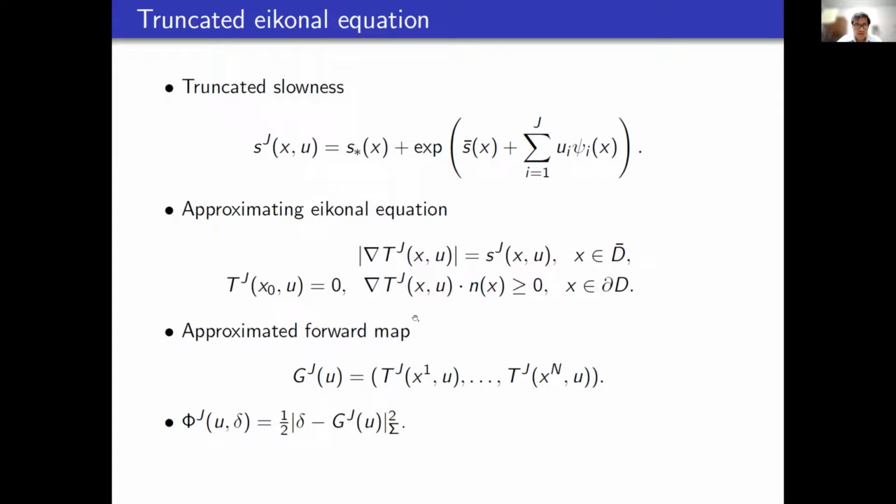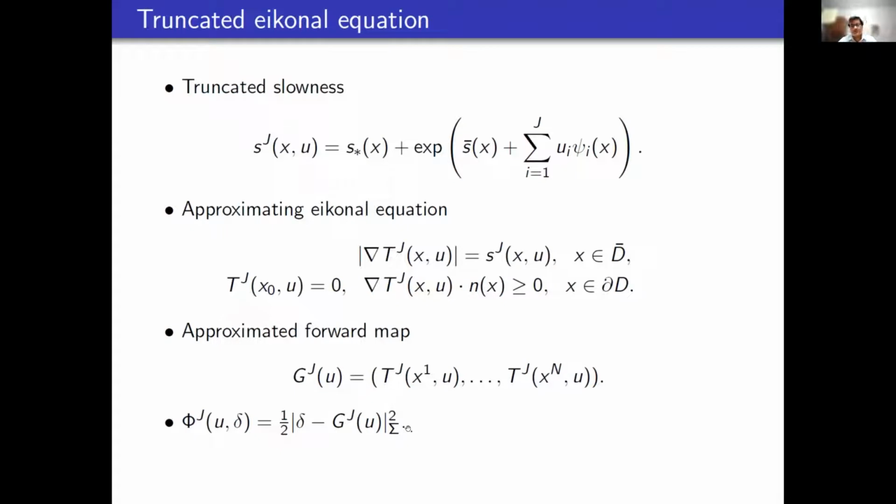And we have the source point here, and we also have the Dirichlet boundary condition. And then we define the forward map G_J in terms of the solution of this equation for the points x1, x2, and so on, xn inside the domain D, and the mismatch function phi_J is defined in the same way.